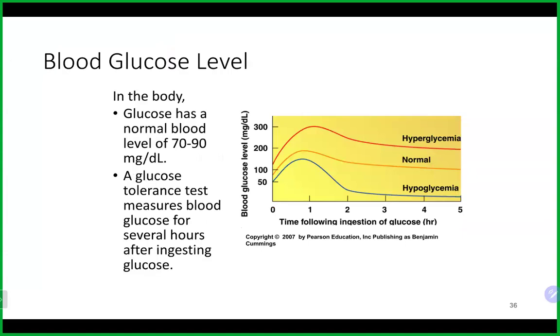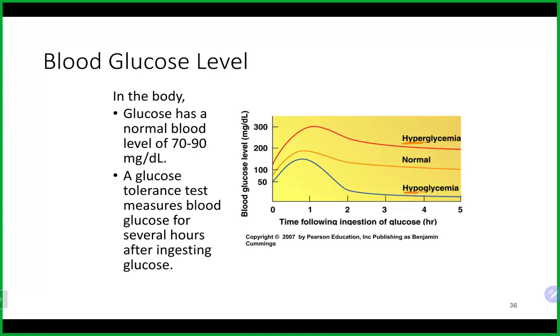Now, when we look at blood glucose levels, in normal blood it is 70 to 90. Like when we talk about hypertonic and hypotonic solutions, it's the same idea. Hyper means more than, so hyperglycemia is more than the normal blood glucose.